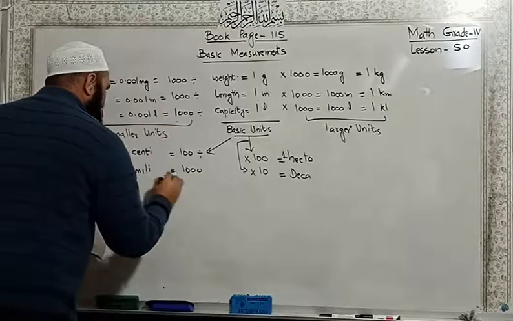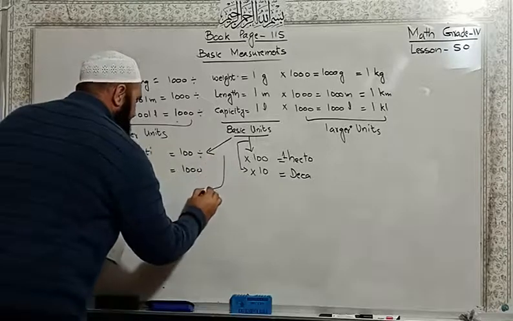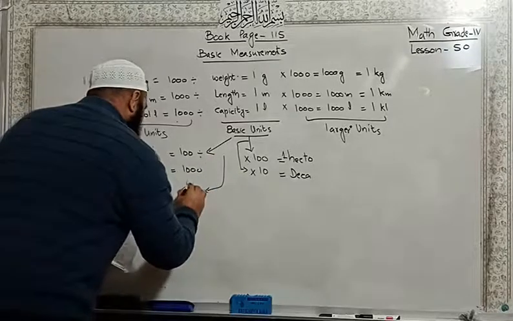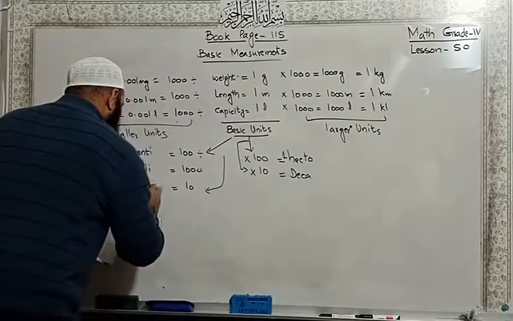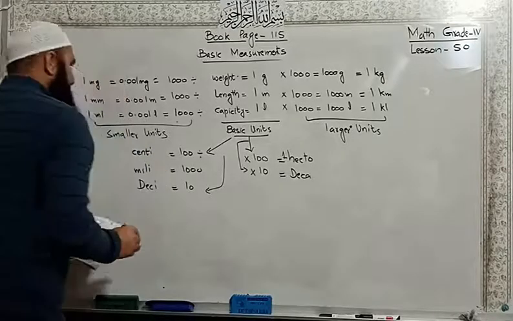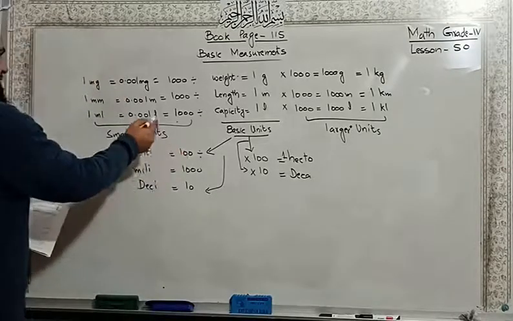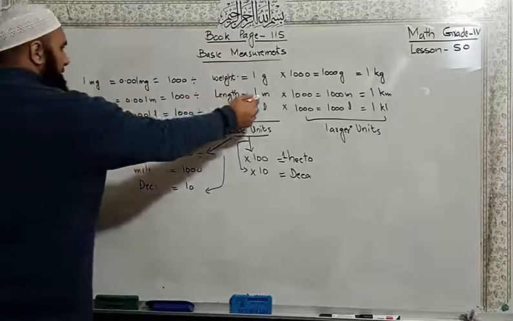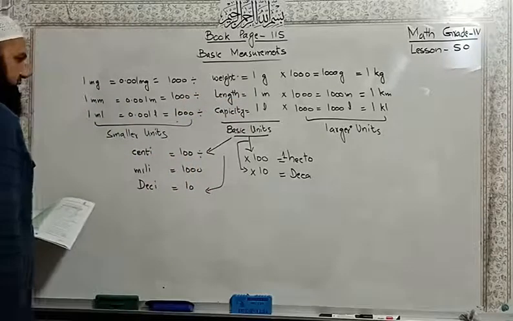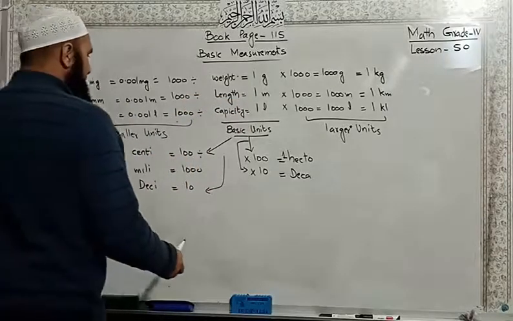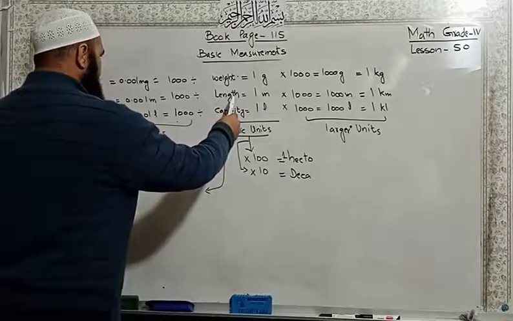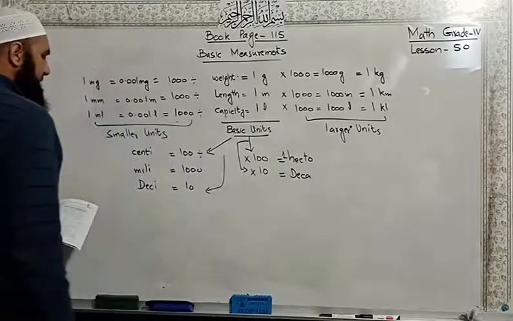And if we divide all these basic units by 10, we will get deci. If we divide 1 meter by 100, we will get centi. If we divide weight by 10, we get deci.